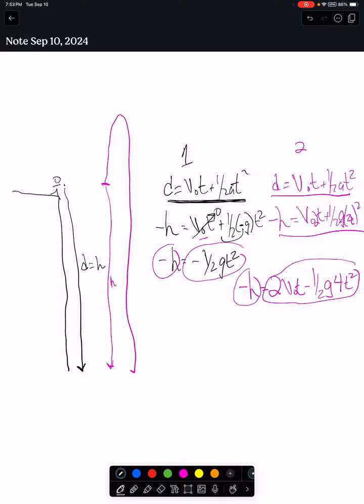I can set negative 1/2 GT squared, right? That equals negative H, 2 V naught T minus, well, let's tidy this up a bit. I'm going to take the 4 to the front. 4/2 GT squared. At this point in time, I'm going to convert to orange.